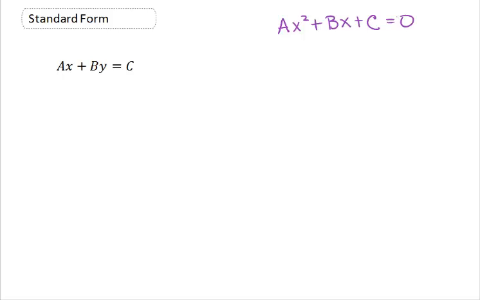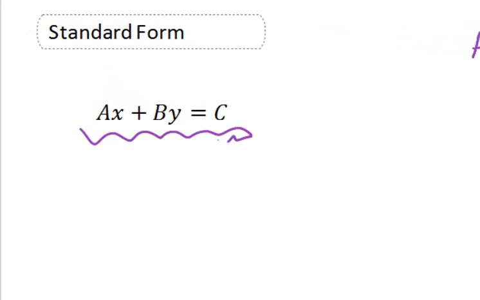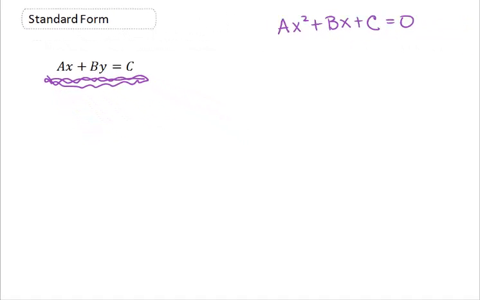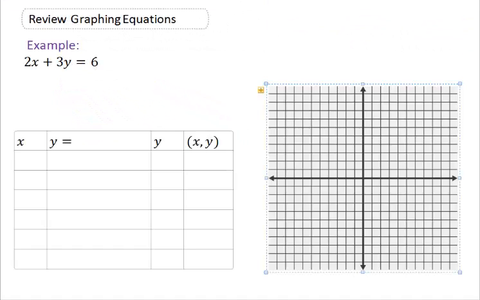That's the standard form of a quadratic equation. This is the first time that we've seen the standard form of a linear equation. And again, we know that it's linear because it's degree 1, because we do not see any exponents higher than 1 in this equation.